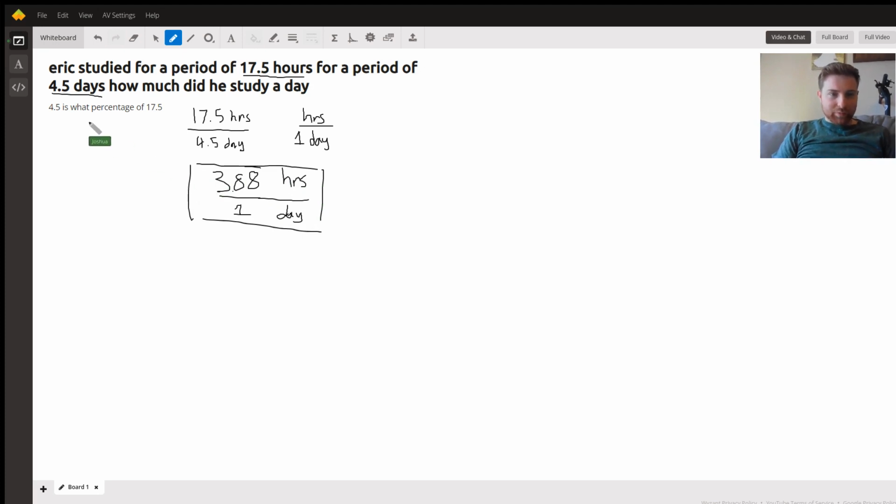And then it says, 4.5 is what percentage of 17.5? So a lot of things in English can be rewritten into math language, and then we get into something I like to call happy math land and solve from there. So 4.5, let's write that. Is is another word for equals, or is the exact same thing.